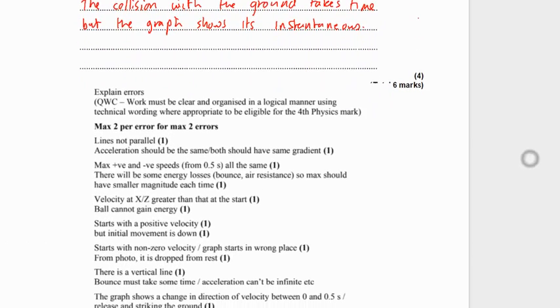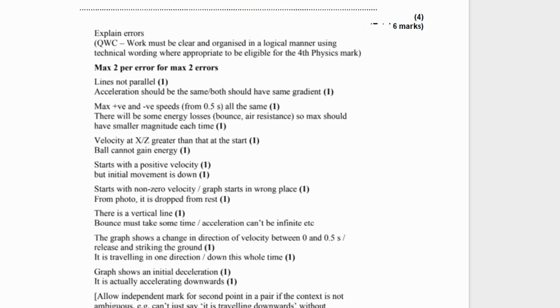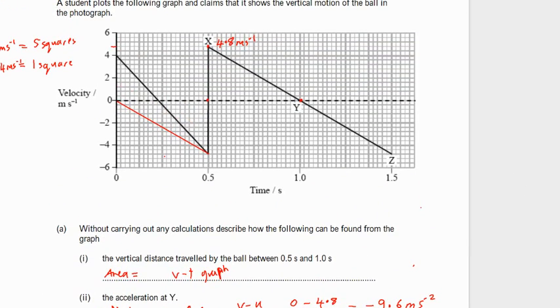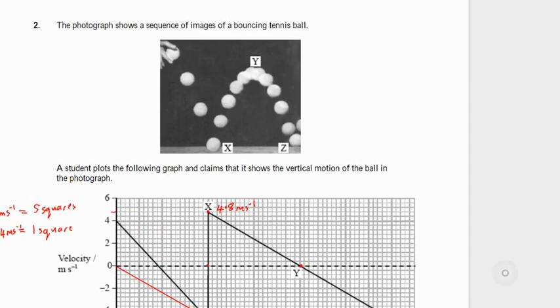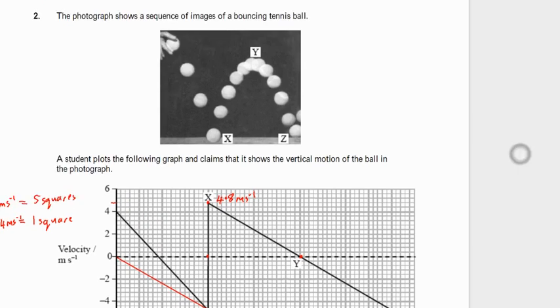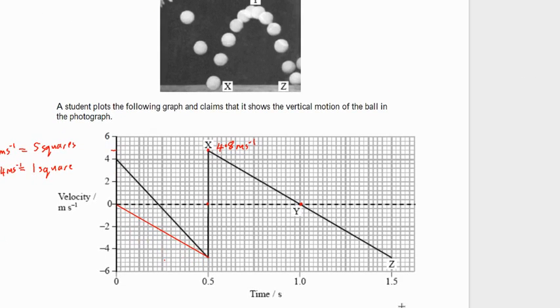Okay, so if we look at all the others, in reality, the ball loses speed when it bounces, and it doesn't come back to the same height. So it must have lost some energy, hence it should have lost some kinetic energy on collision. Here we see that on collision it's around minus 4.8 meters per second, and on the way up it's 4.8 meters per second.